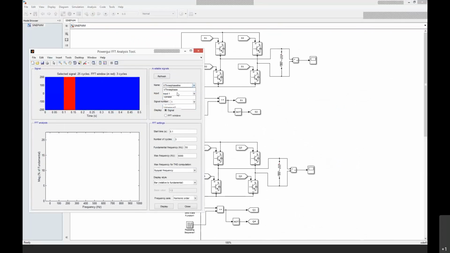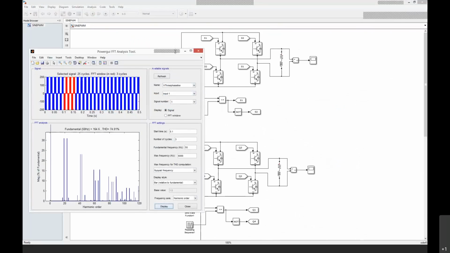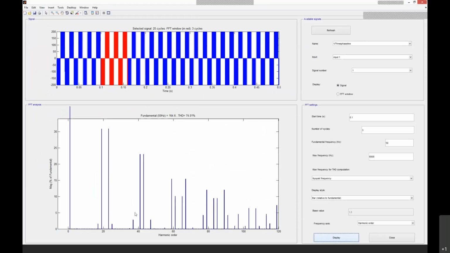So this is the three phase line voltages, right? And this is its harmonics. Here we consider MF equal to 21, right?